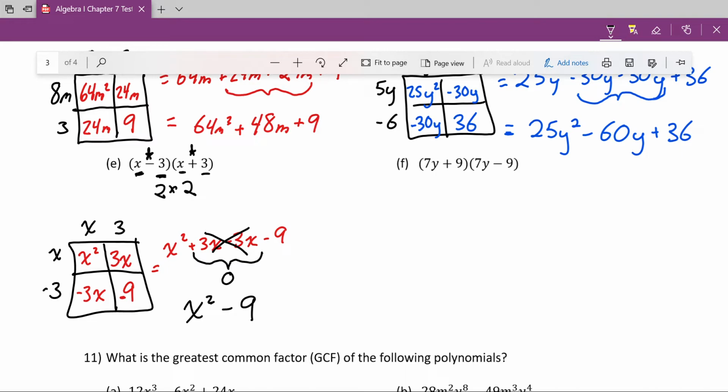Now, I know what you're thinking. So what? Well, because we can do this way, we figure out that if it's x squared minus a number, we can actually figure out what the square root of that number is. So the square root of 9 is 3.